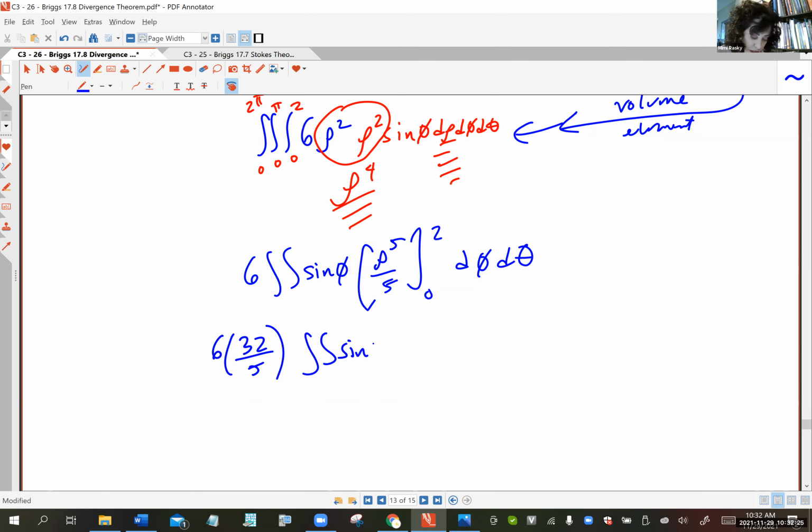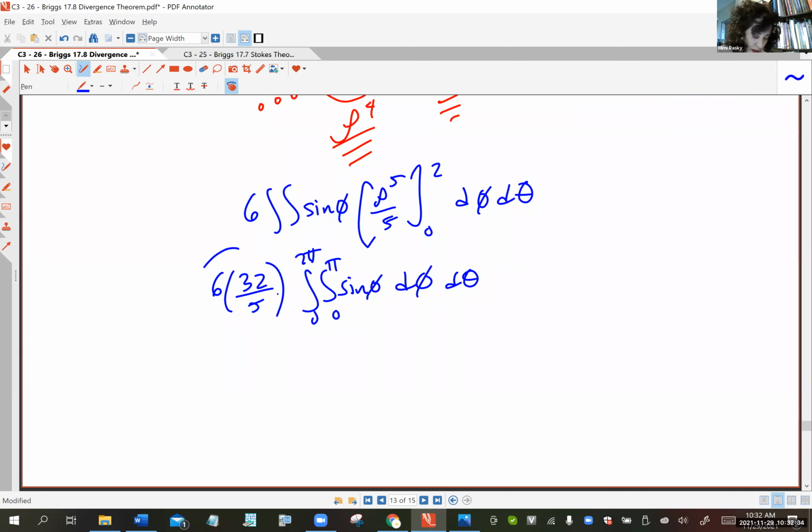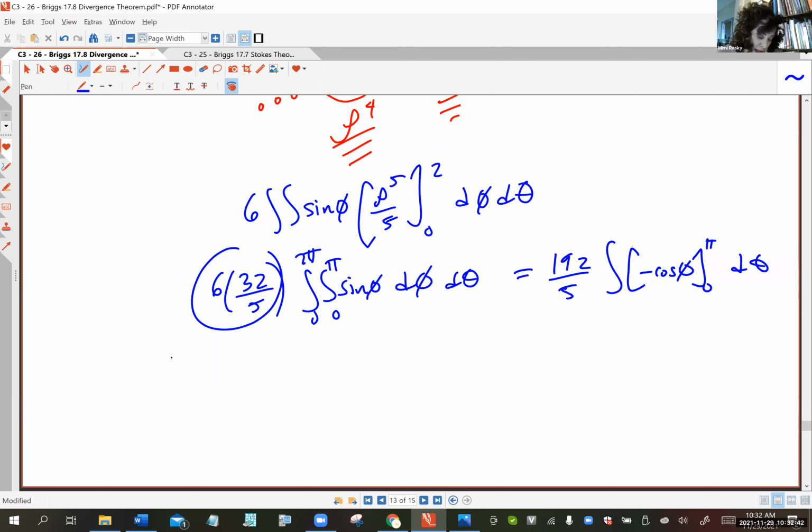So now we just have to do sine phi with respect to phi. And that's easy because it's minus cos. And this right here, I think, is 192/5. So we're going to have minus cos phi going from 0 to pi. You got to be careful here, because cos of 0 is not 0.